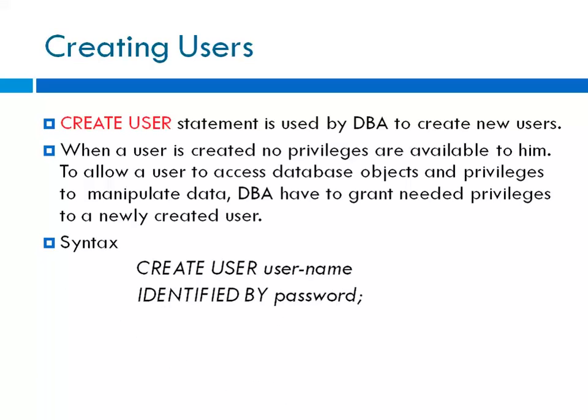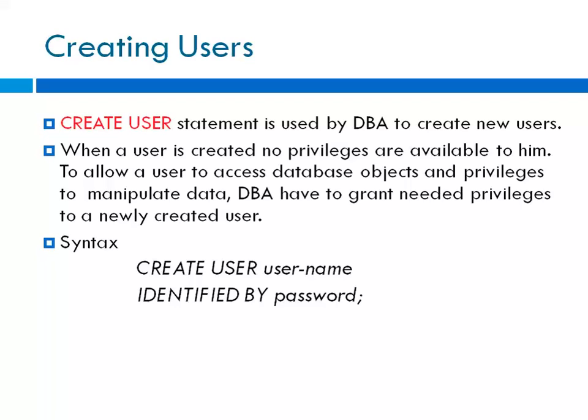So here let's discuss the syntax, how you create the users. For creating users, you will use this statement: create user, then after that you will give the username, and then you will give the password, and the password is given after the keywords identified by.